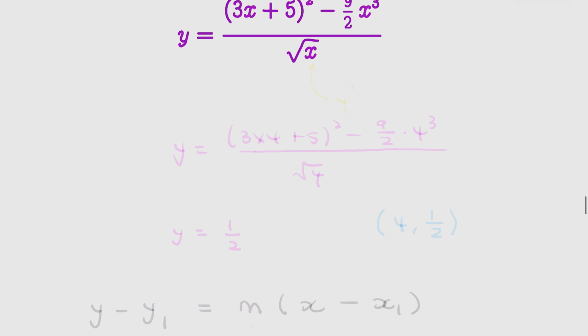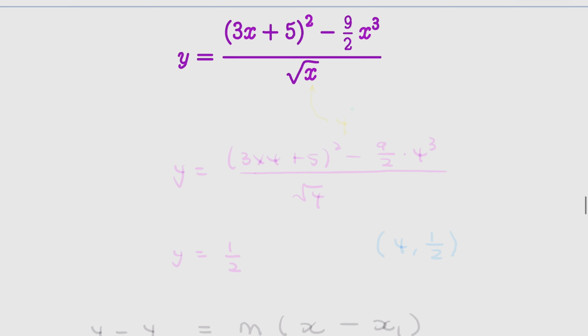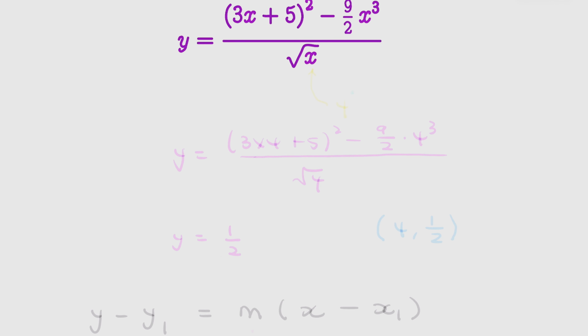We proceed to find the value of y at x equals 4. So to do that, we would substitute x equals 4 in our original expression. So x here is replaced with the number 4.